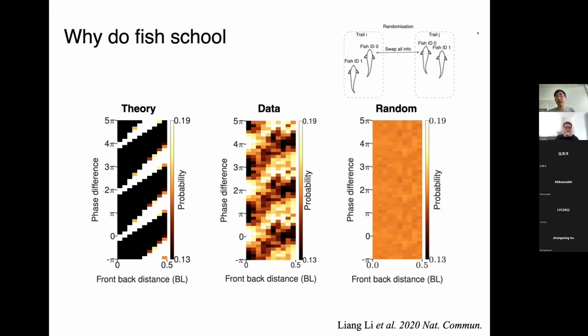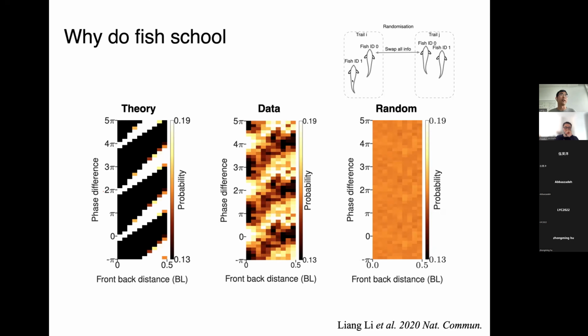Therefore, we analyzed it in another way. This is randomized data. We take two trials, and we analyze the relationship between the fish in one trial and the fish in another trial. So these two are paired together, and in this case, they don't have any hydrodynamic interaction.